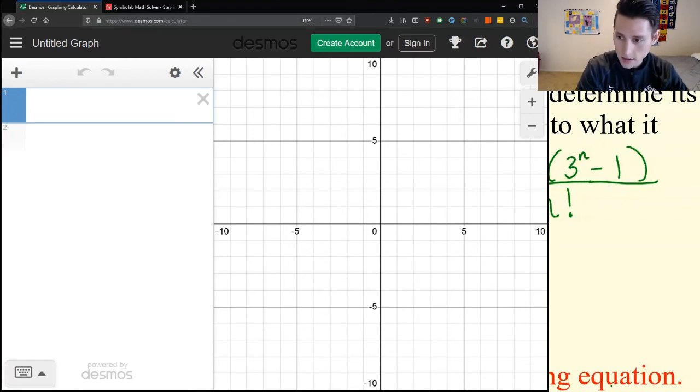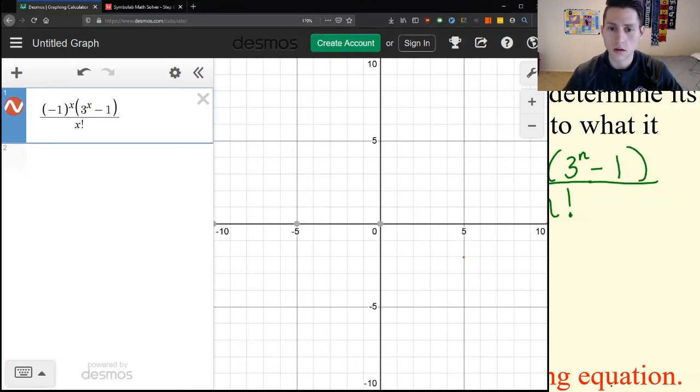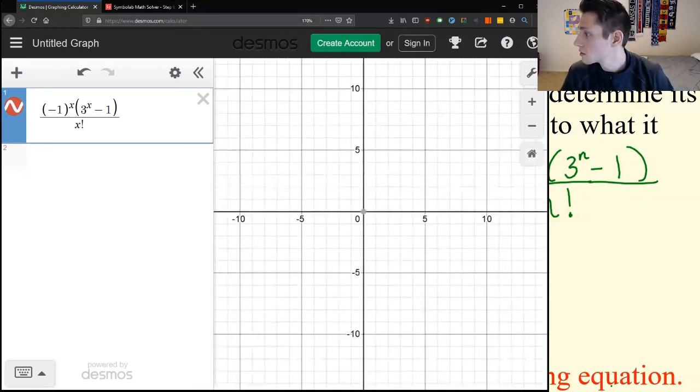All right, so like it says, I'm going to graph this real quick. So I'll use x instead of n, whatever. It's factorial.